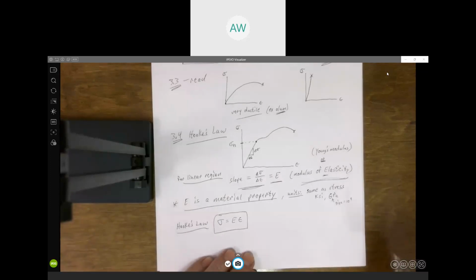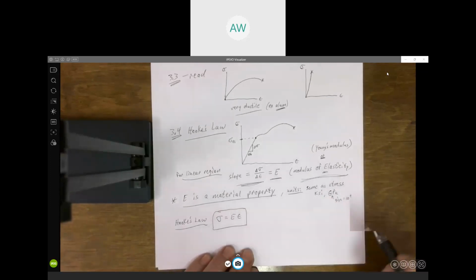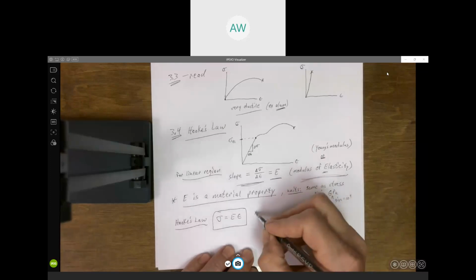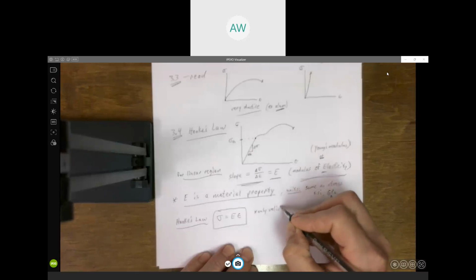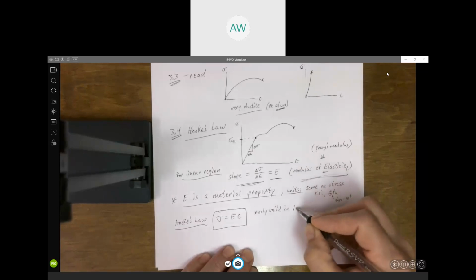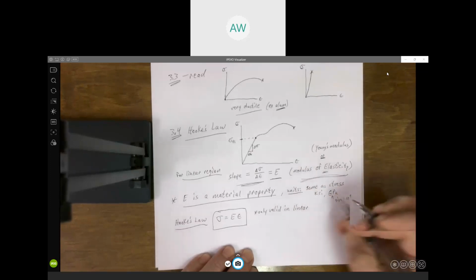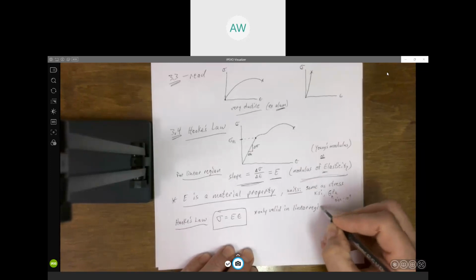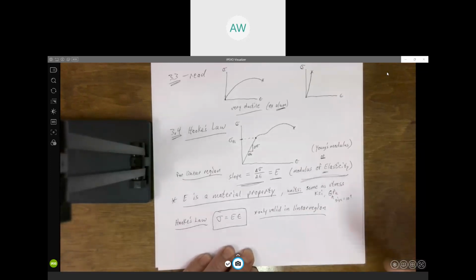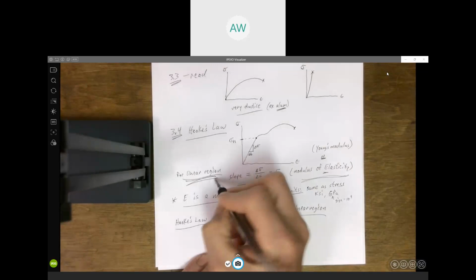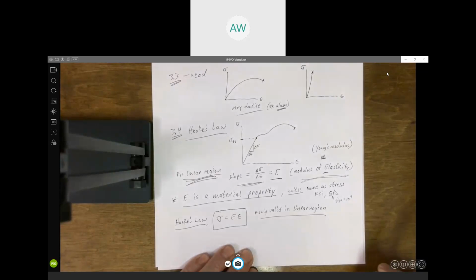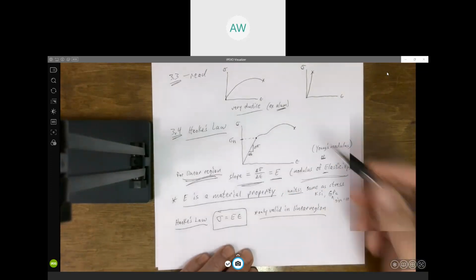Now, a couple things I'll mention about this. One is this is only valid in that linear region. That's where we got this from, we were just looking at the linear part of that stress strain diagram where the graph is a straight line.